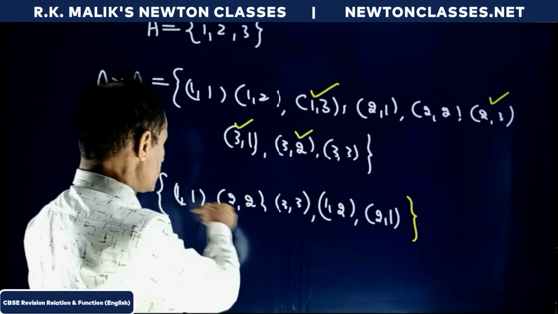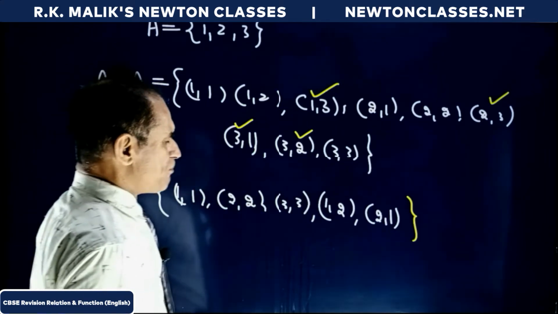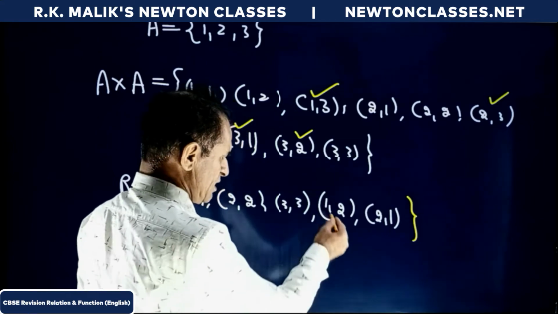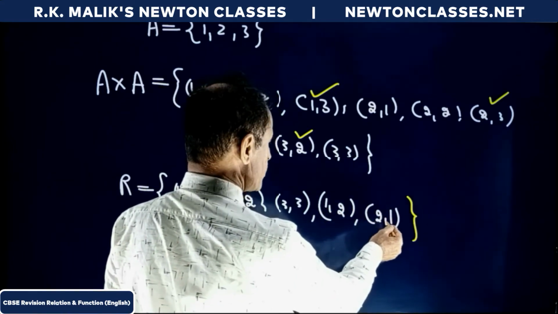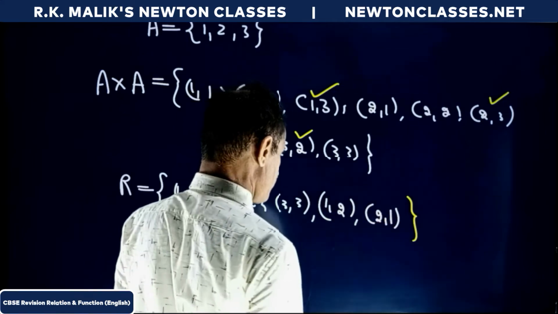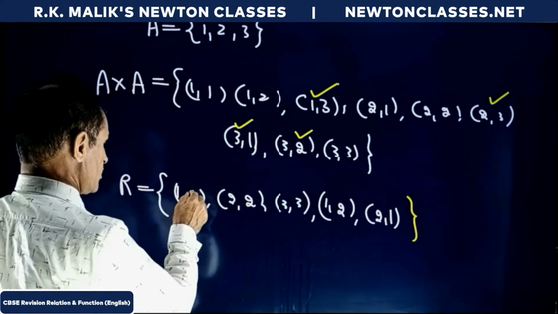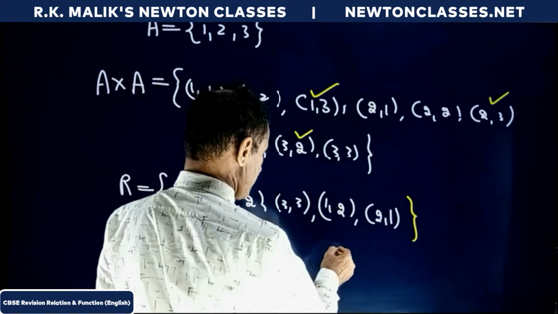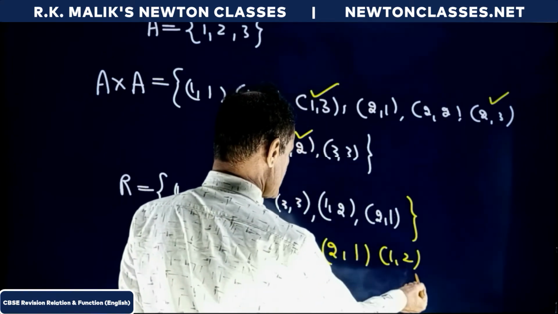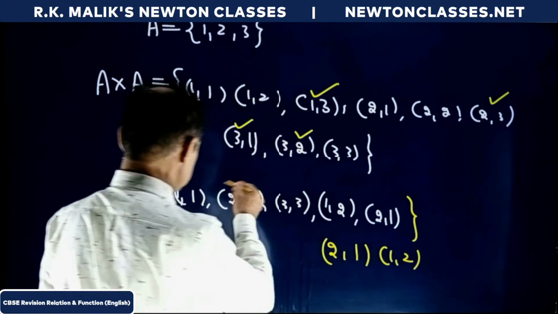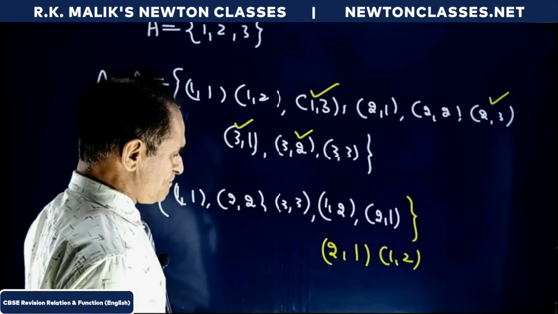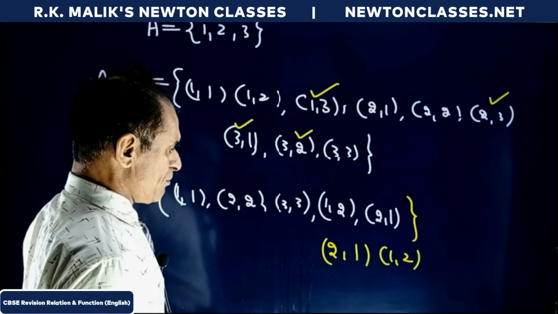And after ignoring these 3 ordered pairs, we can apply condition of transitive relation only on these 2 ordered pairs. (1,2) is belonging to R, (2,1) is belonging to R, then the condition of transitive relation says that (1,1) must belong to R and it is belonging to R. And if I take (2,1) first and (1,2) afterwards, then the result says that (2,2) must belong to R and (2,2) is also belonging to R. Therefore, condition of transitive relation is being satisfied wherever it is applicable.